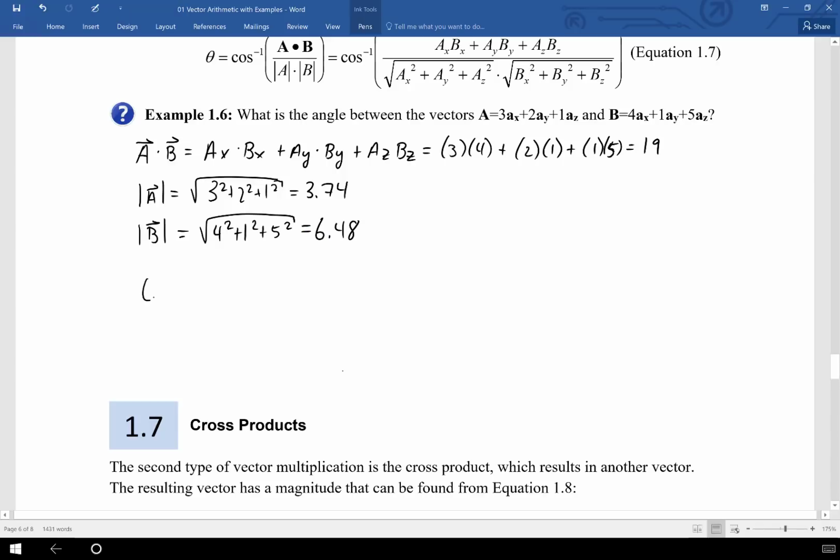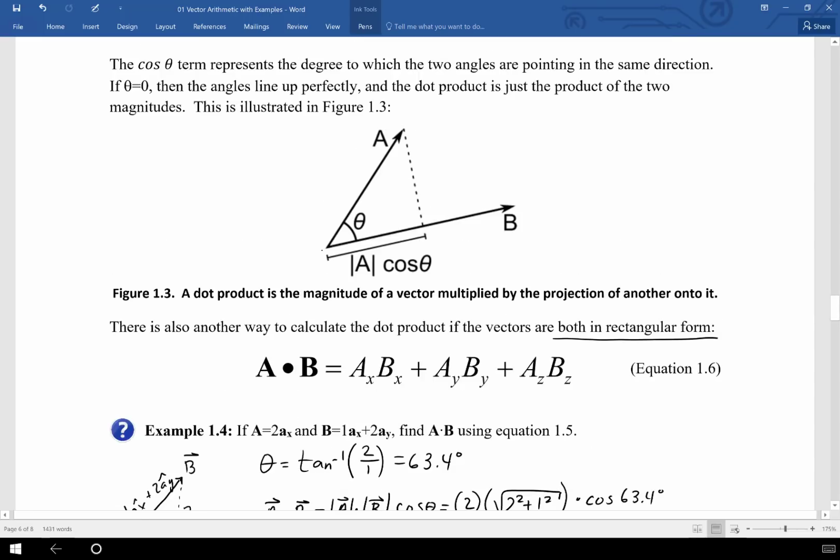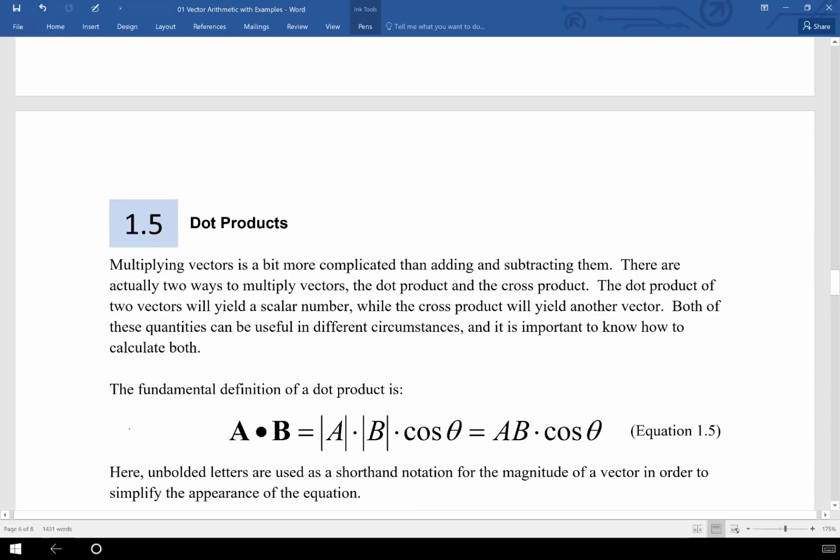And then I can calculate theta. Theta is the inverse cosine of A dot B divided by the magnitude of A times the magnitude of B. Notice that this equation that I've just written here is really just a slightly modified version of the equation from back here, where we saw that the dot product A dot B is A times B times the cosine of theta.